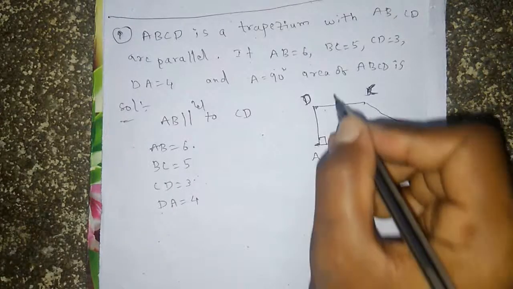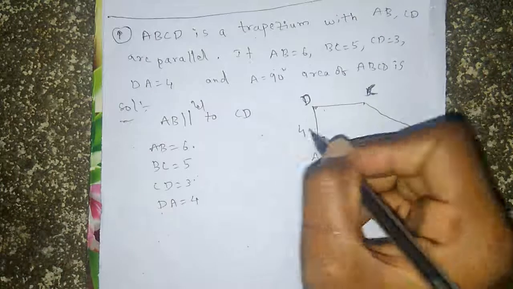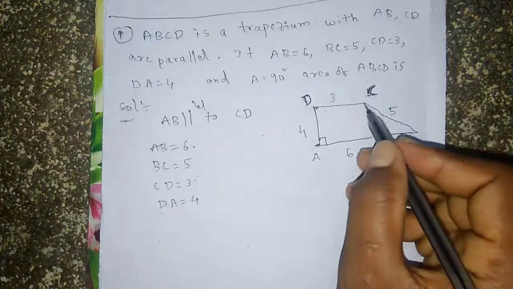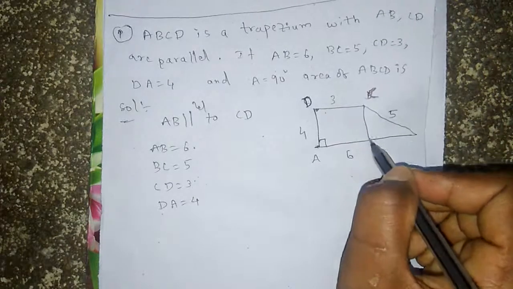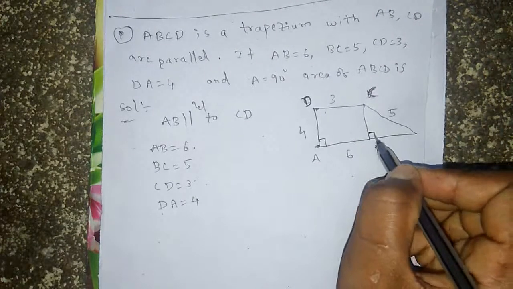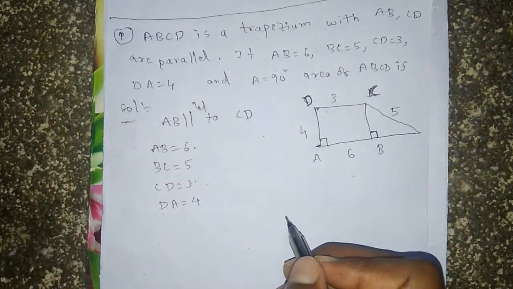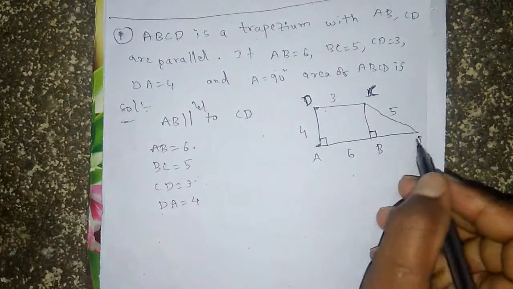Here AB is 6, DA is 4, BC is 5, CD is 3. So here draw a perpendicular, which is parallel to AD.